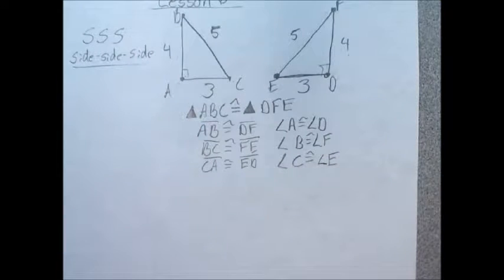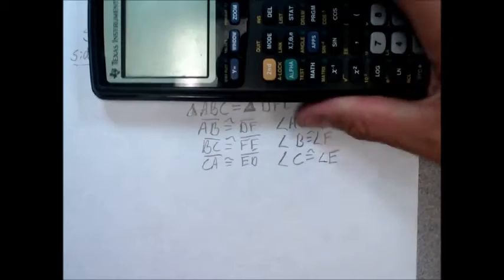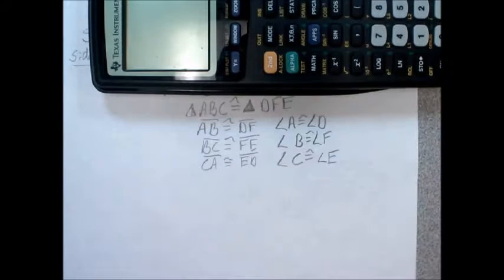So I can tell all of that without this picture now, because I wrote my congruency statement properly. So it is very, very important that you put them in order. Otherwise, you're going to give basically the wrong information. So be careful when you're doing that.